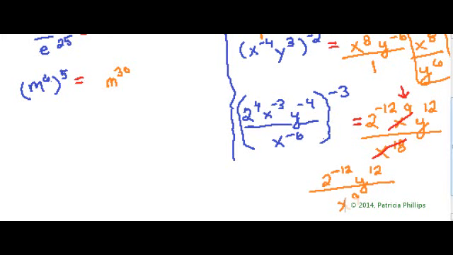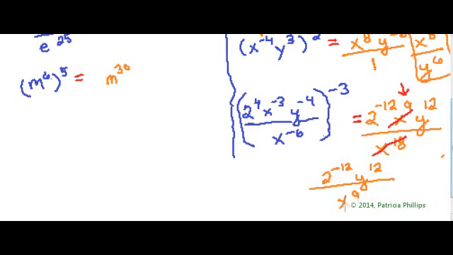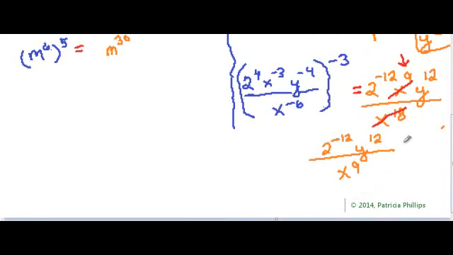And you think, well, can this become any more simplified? Yes, it can. Okay. The 2 also has a negative exponent, so we have to put that in the denominator, and it will be to the power of positive 12.